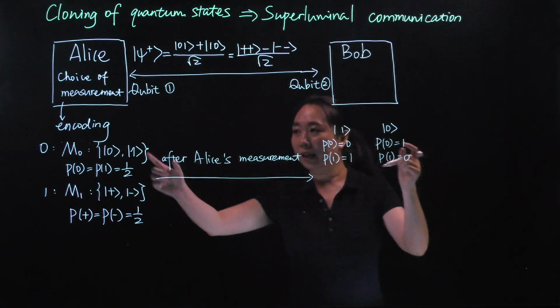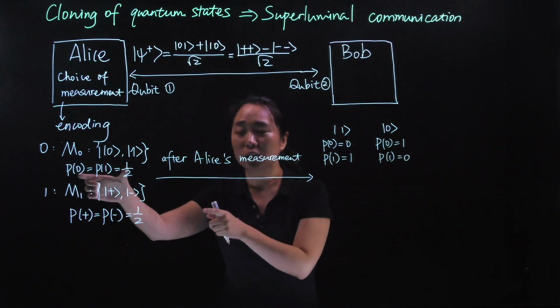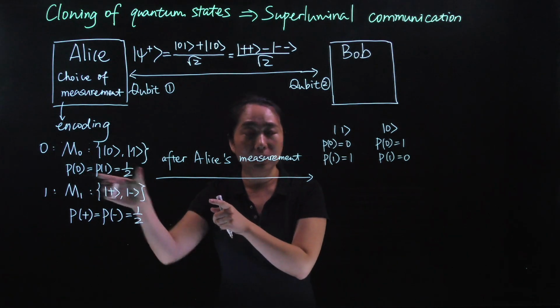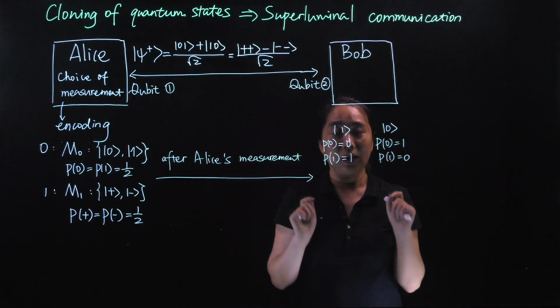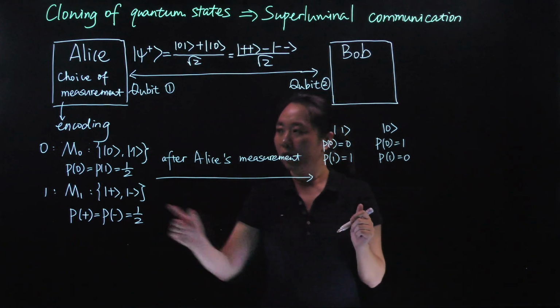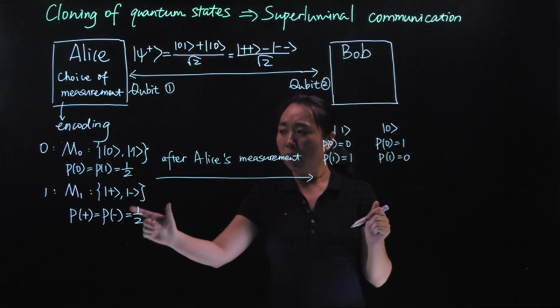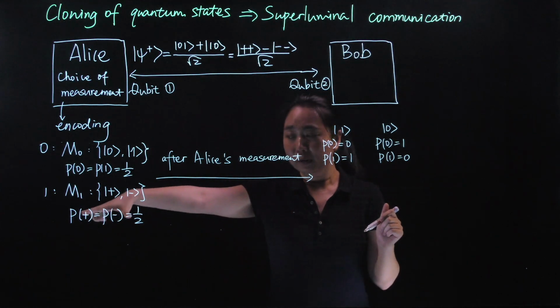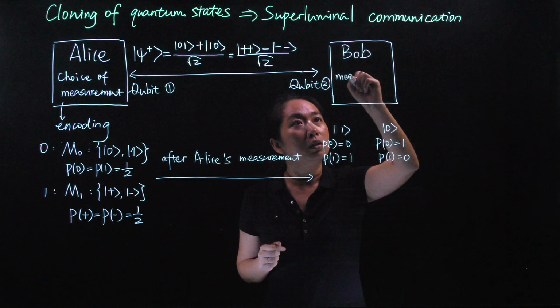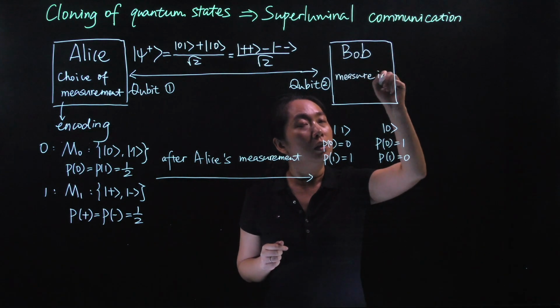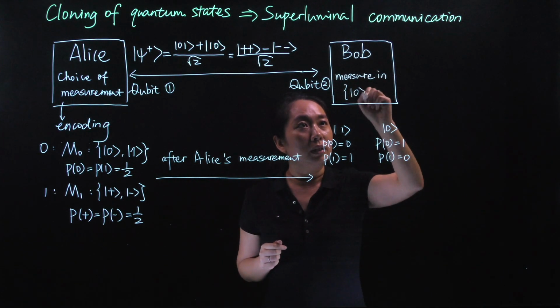And again, this depends on Alice's measurement, which has this half-half probability. So either case would occur with a half-half probability as well. And for the second case, Bob would not measure in a different basis. He would also measure in the computational basis.